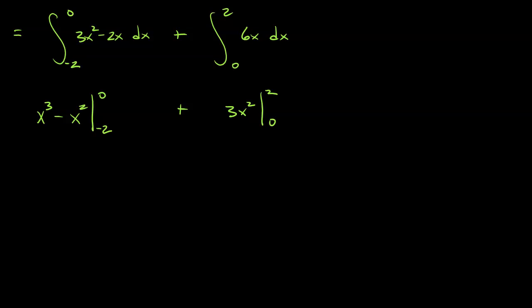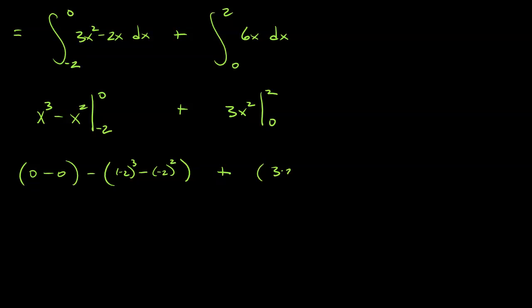Now I'm going to plug in the top number first, which is actually quite easy. Ooh, look at it, I'm drawing emoji. Then the bottom number. So now I'm going to subtract to plug in the bottom number. So negative 2 cubed minus negative 2 squared, plus the second definite integral. And I'm going to plug in the 2 first.